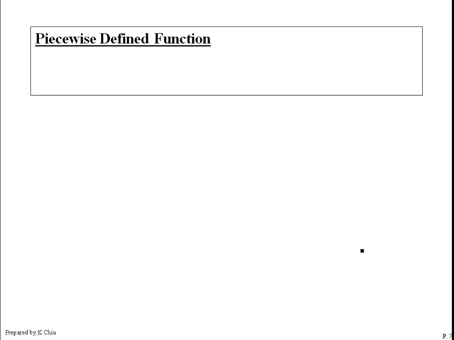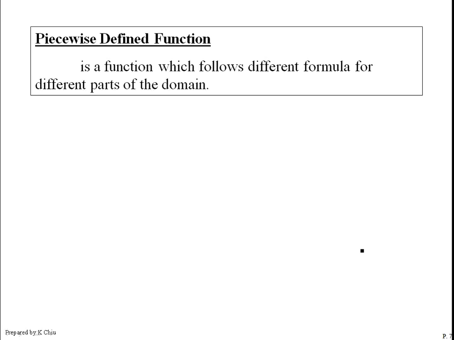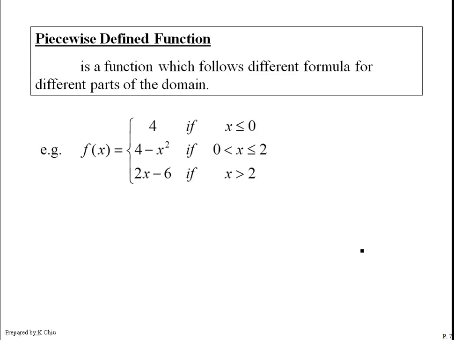Okay, let's take a look at the piecewise defined function. What is a piecewise defined function? A piecewise defined function is a function which follows a different formula for different parts of the domain. For example, we have f of x equals 4 if x is less than or equal to 0.